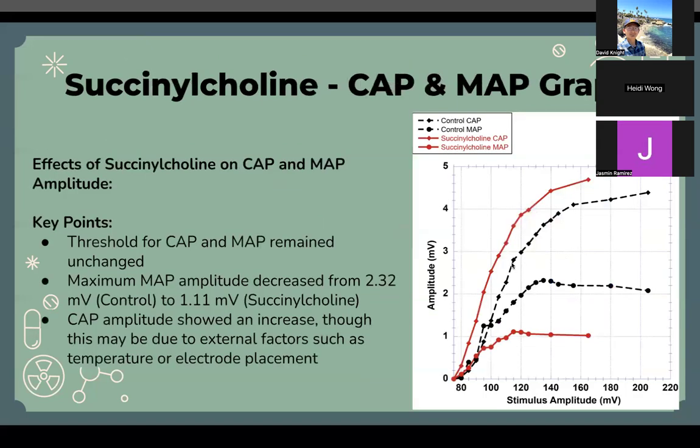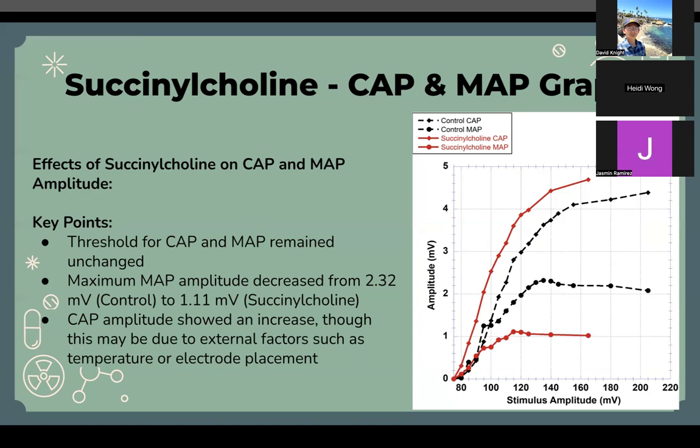This is a graph showing the CAP and MAP effects of acetylcholine. I'm sorry, this figure shows how acetylcholine affects the CAP and MAP amplitudes. The thresholds for activating these potentials did not change, indicating that the initial response to the stimulus remained the same.